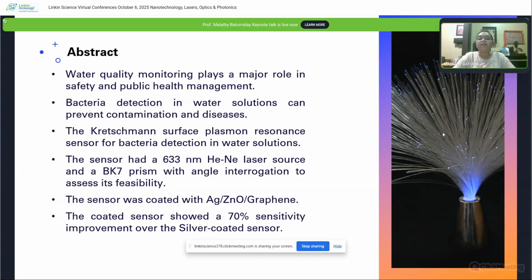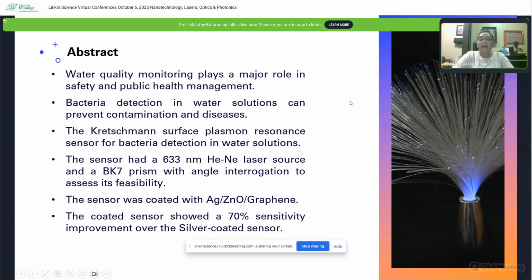The sensor that we have created was coated with silver, zinc oxide, and graphene, and we have successfully achieved a 70% sensitivity, which is an improvement over the only silver coated sensor that was used previously.